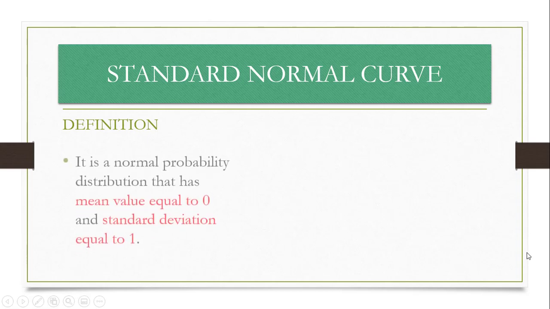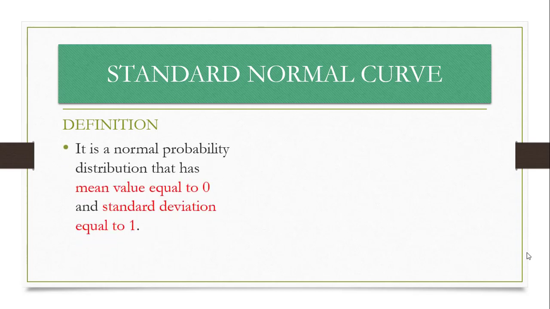It is a normal probability distribution that has a mean value equal to 0 and a standard deviation equal to 1. If you remember, the mean is at the center and the standard deviation, which is responsible for the spread, is equal to 1. So it will look like this.